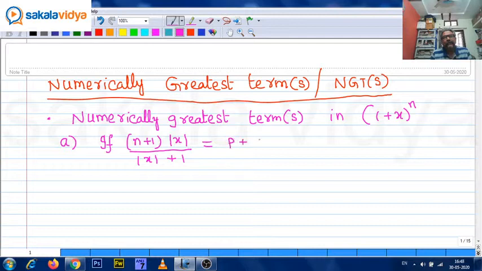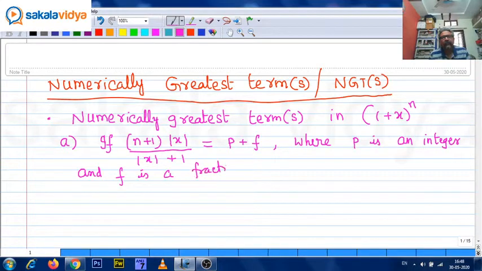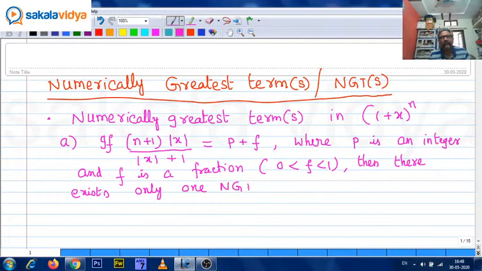If it is something like p + f, where p is an integer and f is a fraction, meaning 0 < f < 1, it lies in between 0 and 1, then there exists only one NGT, numerically greatest term, that is T(p+1).